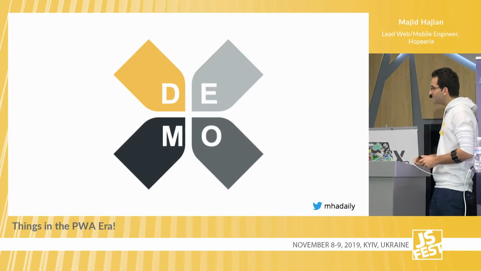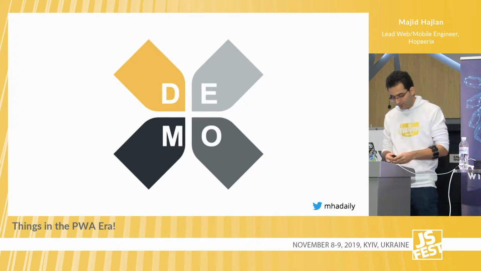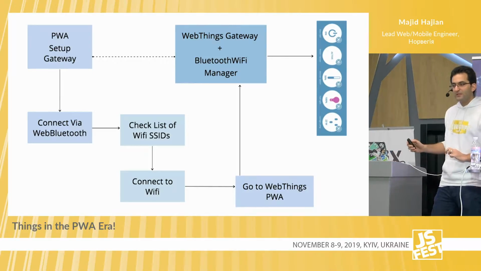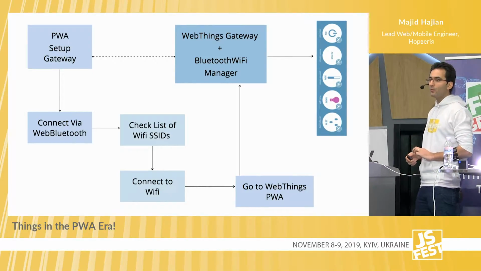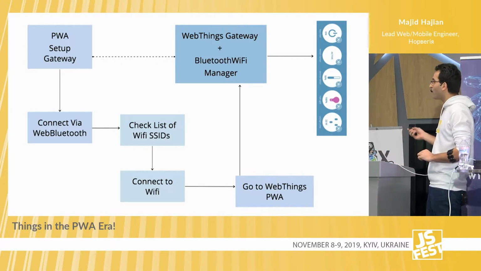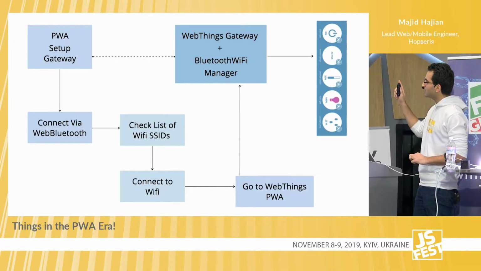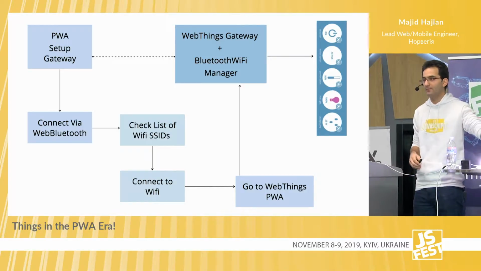You have already seen one demo, but let's see another demo. This is the one that we are going to explore today. When I say we go beyond the web, that is probably one of the best examples. I have a PWA app which is going to set up my gateway.